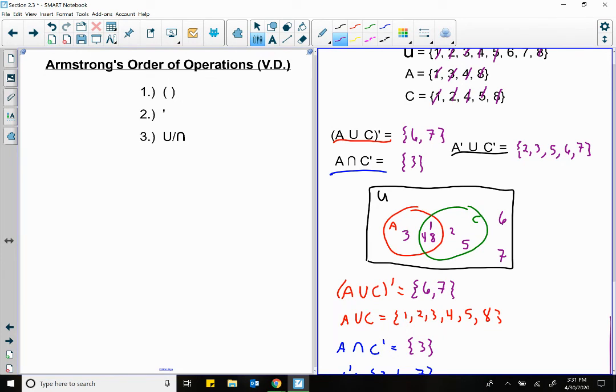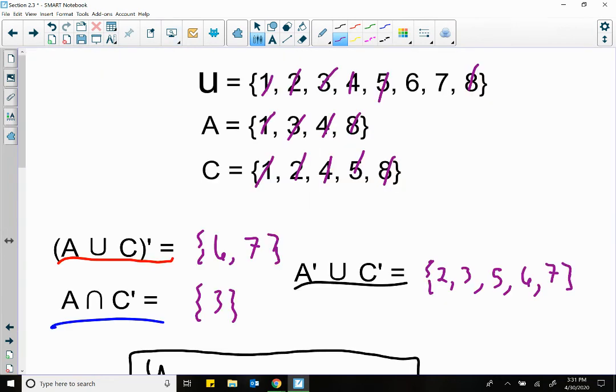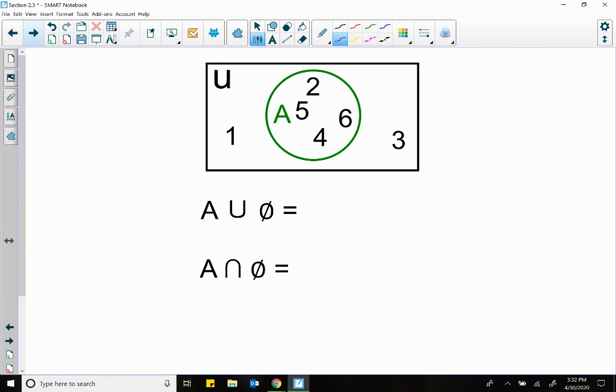Okay? I've got one more thing to talk about, and it is when we deal with null sets or empty sets. Another word for empty set is what we call a null set. So I want you to think about this. We have this set A up here, and that set A is just the numbers 2, 4, 5, and 6.